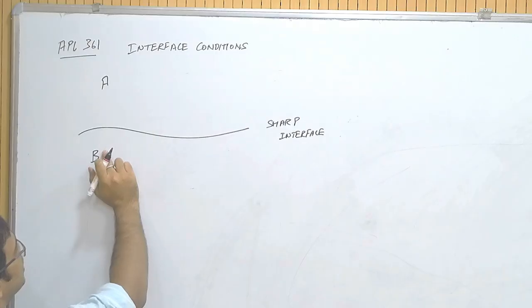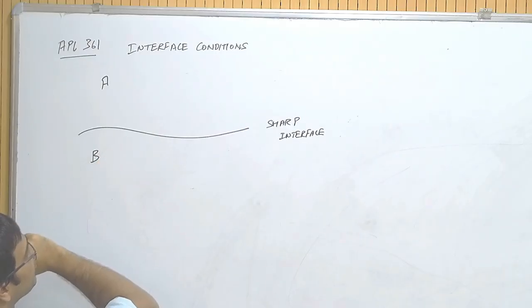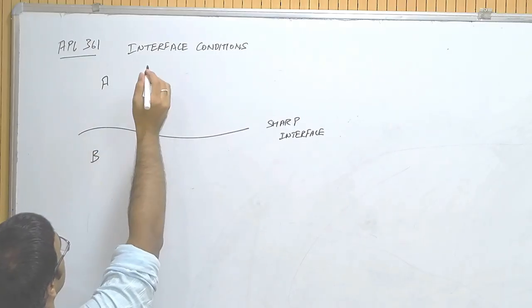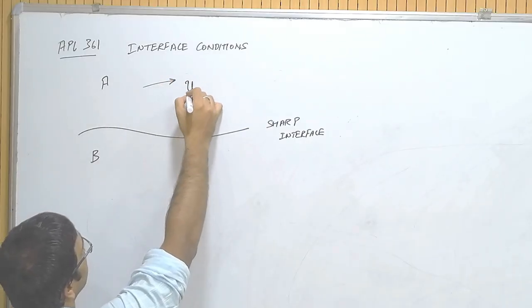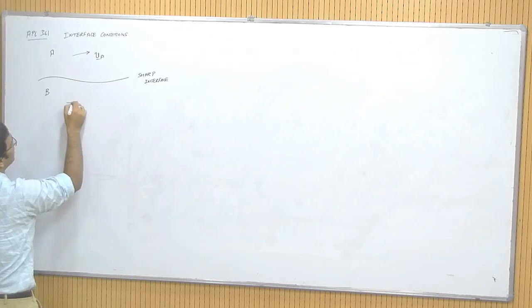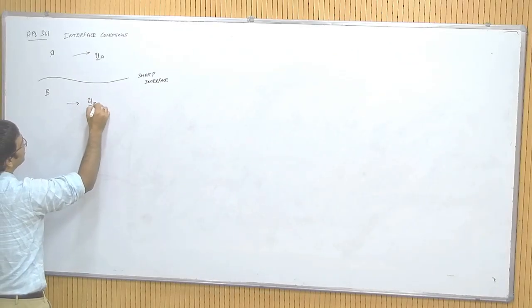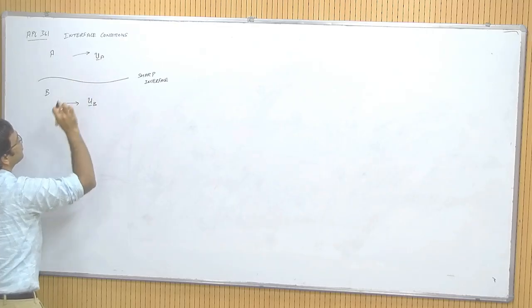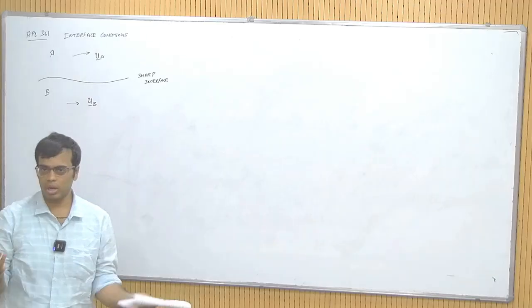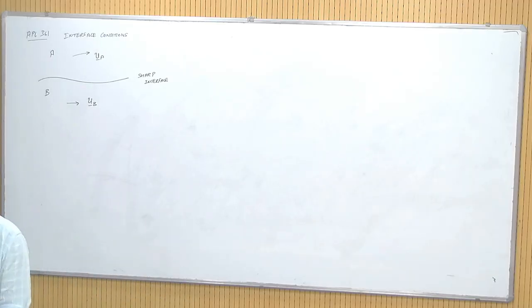Okay, and so the question that we want to answer is, let us say this is a fluid A has velocity field UA, and this one has a velocity field UB. Then what could we say about the interface? Do UA and UB have some relation at the interface or no?